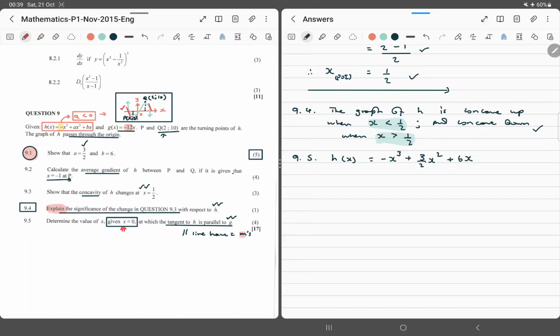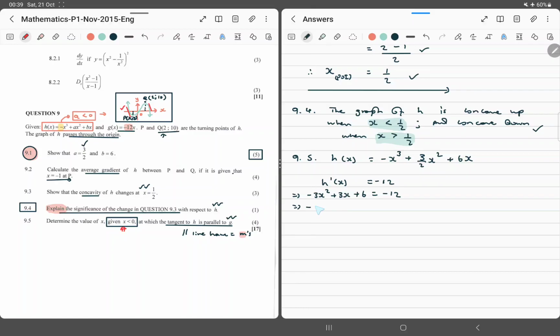So we know that here we are suggesting that h prime of x is equal to minus 12. This is that situation. Now this implies when we take the derivative, there's going to be minus 3x squared. Multiply by 2, there's going to be plus 3x. And then plus 6 is equal to minus 12.